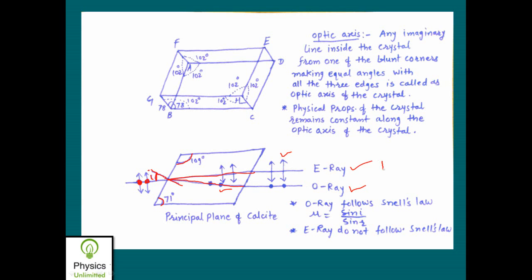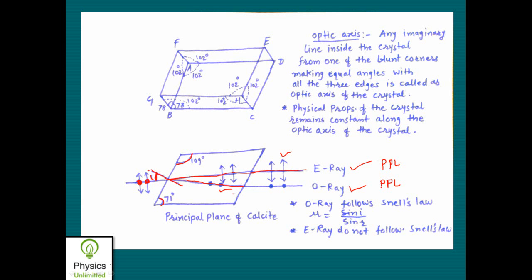The extraordinary ray has vibrations in only one plane, while the ordinary ray is also completely plane polarized. It has vibrations in one particular plane, which is perpendicular to the principal plane of the calcite. Is it so? Yes, sir.